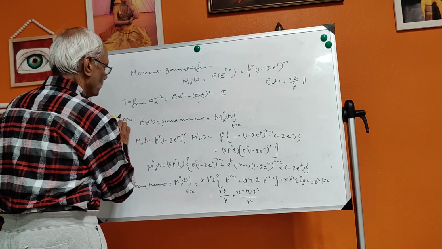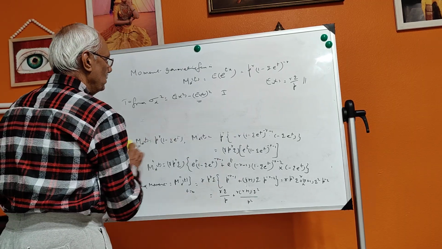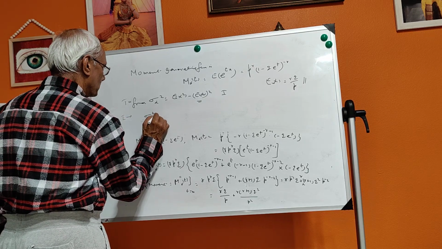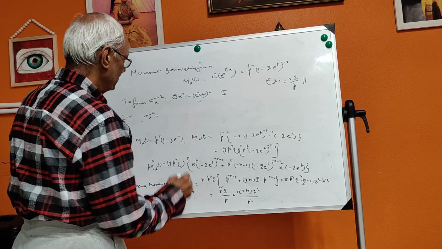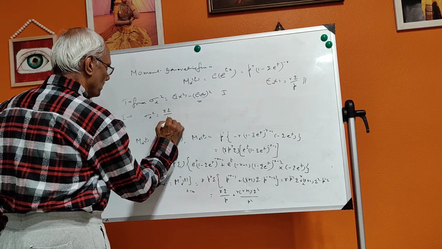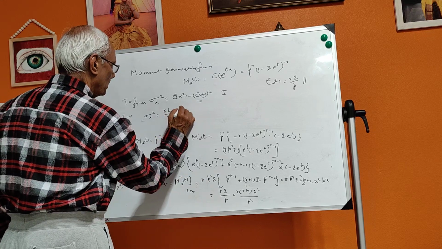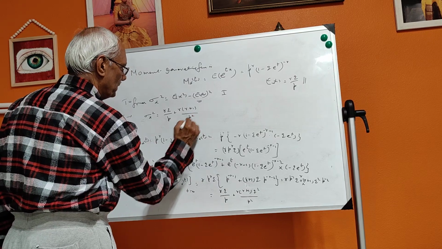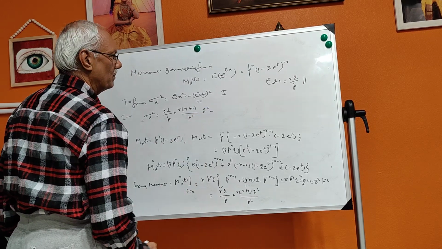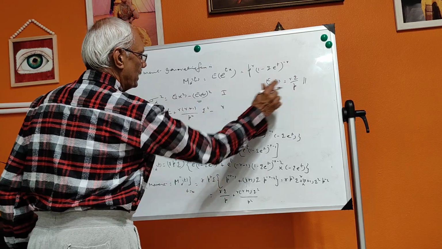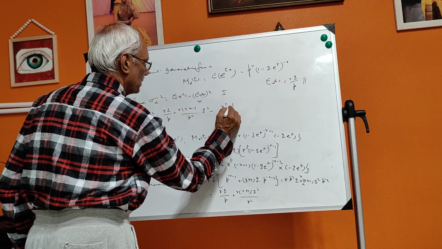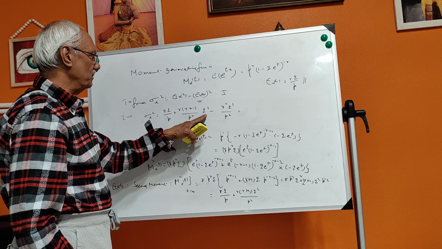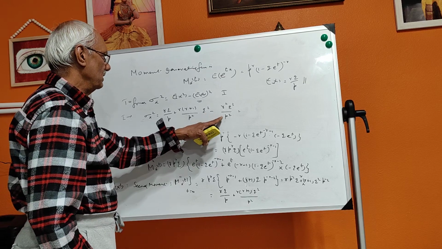Now, I will write it here. So variance of x is equal to E of x squared, which is r q by p plus r into r plus 1 divided by p squared into q squared, minus this, you square it, r squared q squared by p squared. So you see that r squared q squared by p squared, these two will get cancelled.